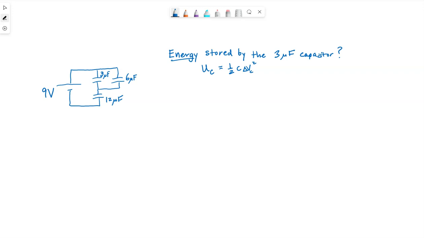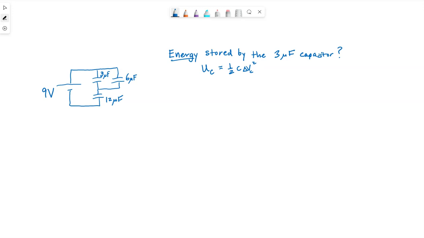We know the capacitance, that's in the picture, but we do not know the potential difference, nor do we know the charge. So we do need to take those first steps we did in the previous example, where we're combining capacitors until we get to an equivalent where we would know charge and work back. We essentially need to do the same thing here.